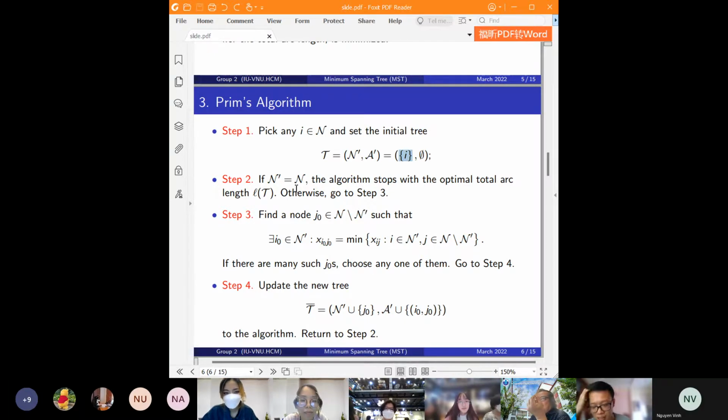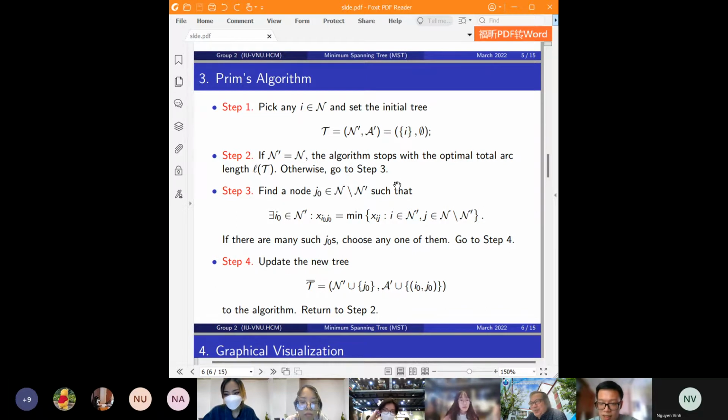You don't need to connect to anything, so the set of arcs is empty, and the length is 0 because we don't use anything. The optimal solution is just one node, and the length is 0. Okay, continue.